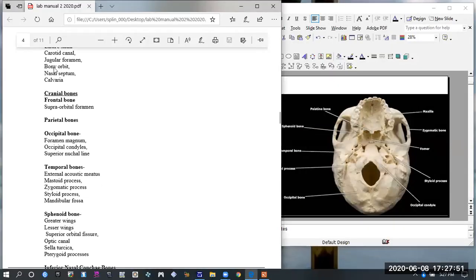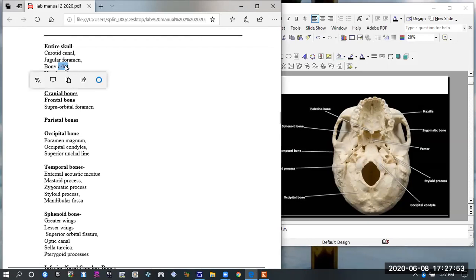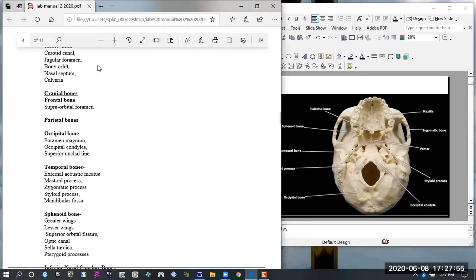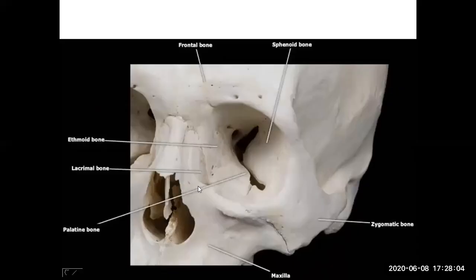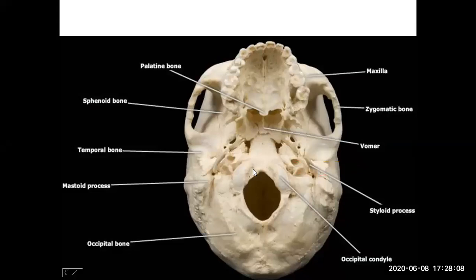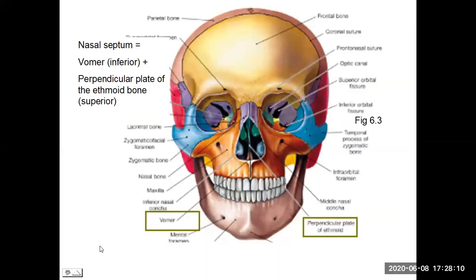We have the term bony orbit once again, the bones making the area of the eye socket, as well as the bones of the nasal septum. So just another look at that bony orbit, the eye socket. Now the nasal septum is a feature made of 2 distinct bones.